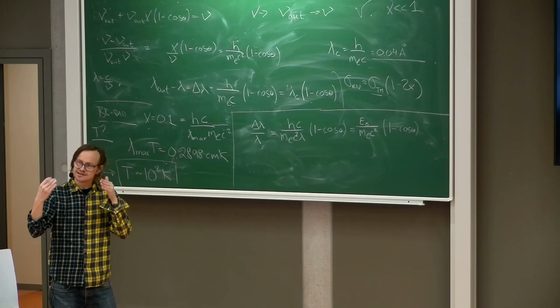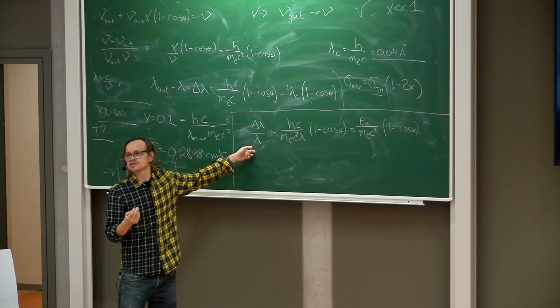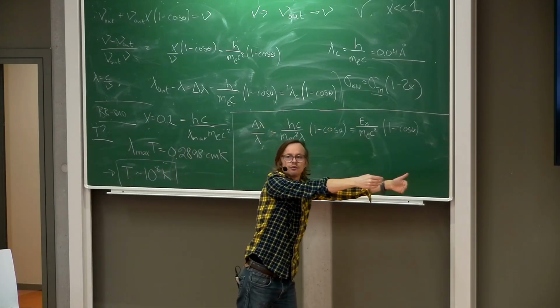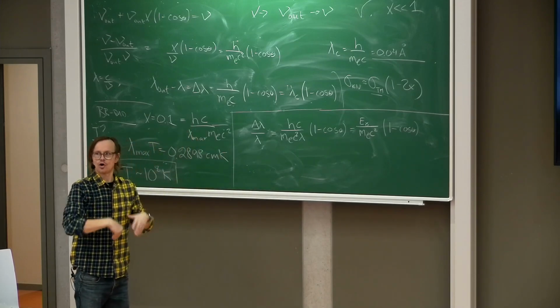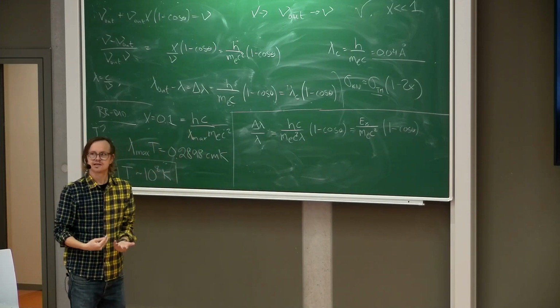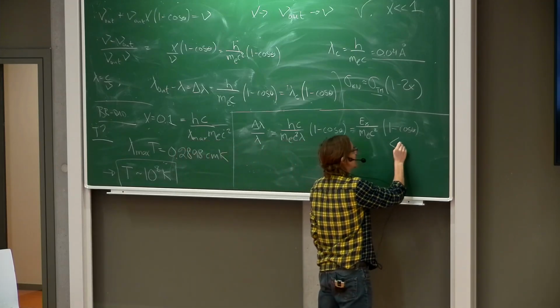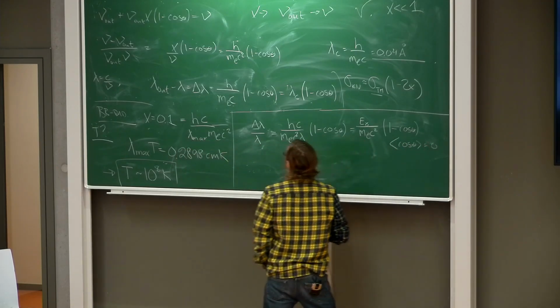That is, if you consider now many scatterings, many processes here, as many will be scattered in the forward direction as there are in the backward direction. So on average, when this has happened many times, the angle-averaged cosine of theta will be 0.